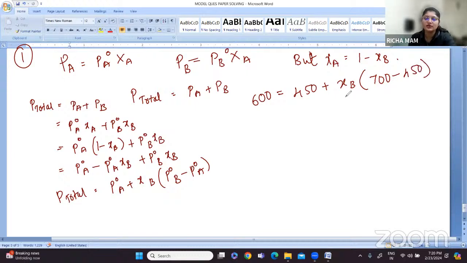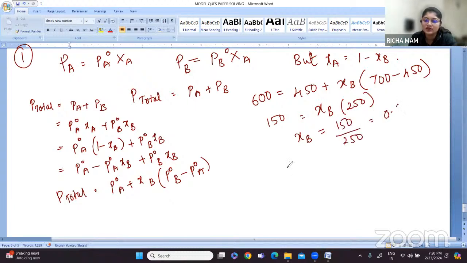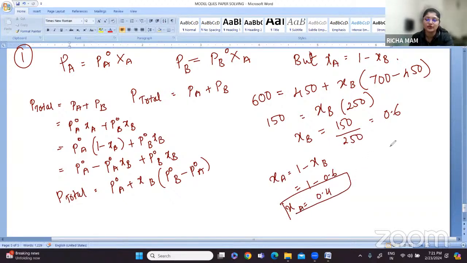So after substituting this, you will get 150 is equal to XB into 250. So mole fraction of B is 150 by 250, which is 0.6. But you know that mole fraction of A is 1 minus XB, so 1 minus 0.6 is 0.4. So XA, the mole fraction of A, is 0.4.